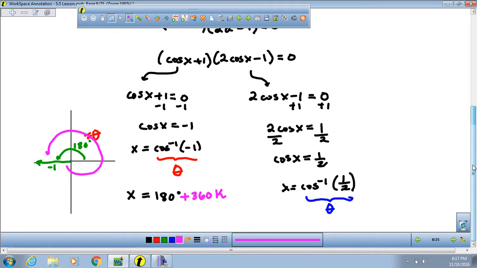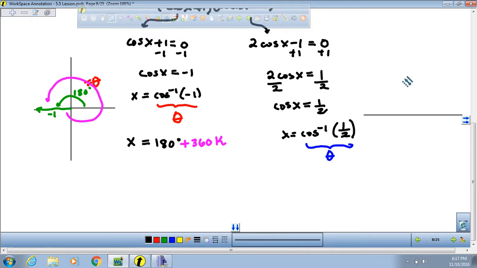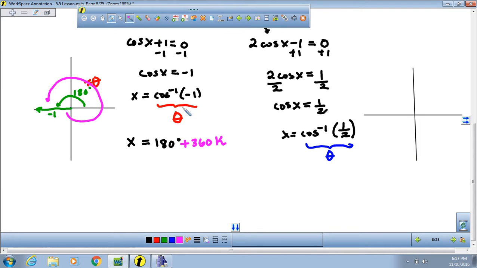So on the other one, let's create a triangle for the other scenario. Now we want to find an angle for which cosine has a value of 1/2, and it is positive. So first of all, cosine is going to be positive in which quadrants? In quadrant 1 and in quadrant 4.